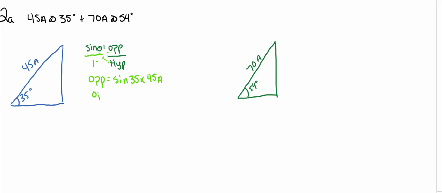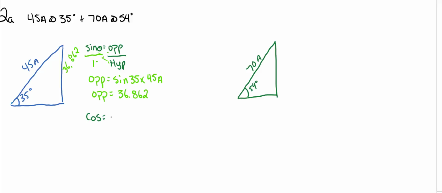The opposite of this triangle would be equal to 36.862. Write that down. 36.862. Okay, now that we've solved for the opposite, let's solve for the adjacent. So we'll use our cosine function.